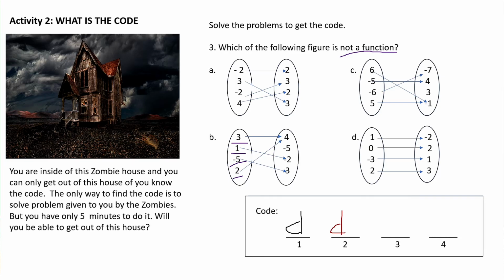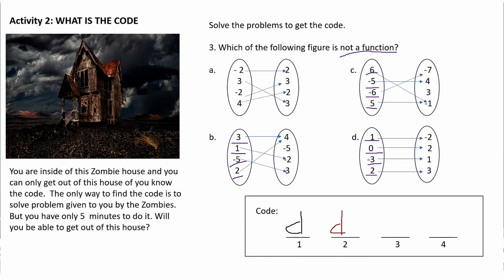How about letter C? The inputs are 6, -5, -6, and 5. Still, there is no repetition of the inputs because 6 is different from -6, -5 is also different from 5. So letter C is a function. Letter D, the inputs are 1, 0, -3, and 2. Still, there is no repetition of the inputs in letter D. So letter D is a function.